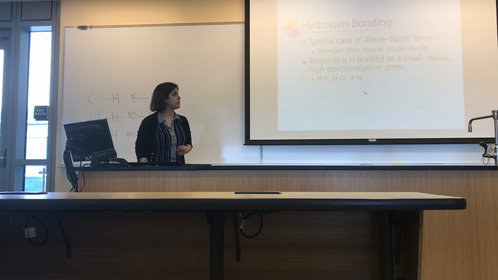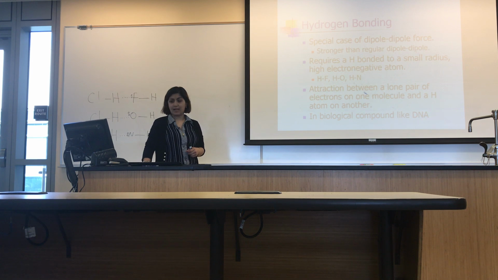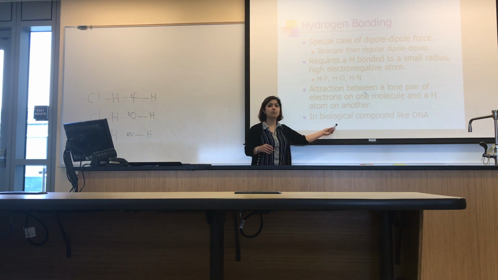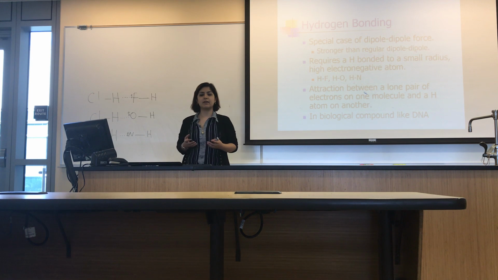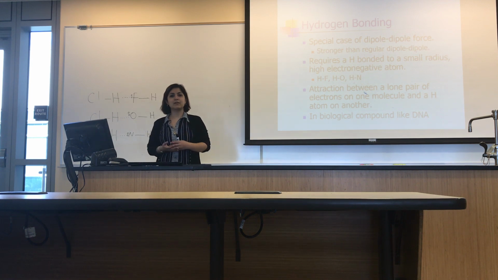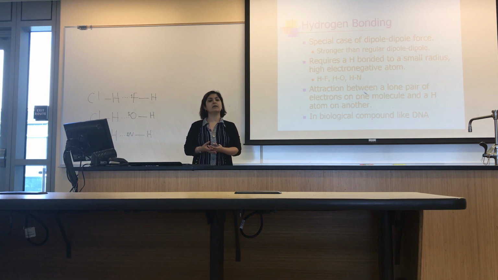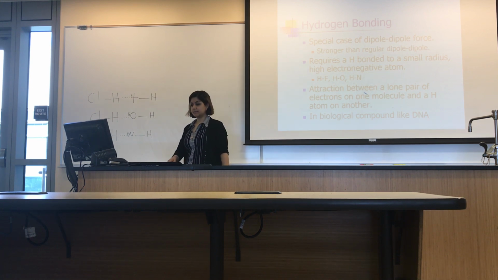Hydrogen bonding is stronger compared to dipole-dipole. Hydrogen bonding usually happens in biological molecular compounds, for example DNA, which is really important. We get some of our genes from our parents' DNA. So that's a really important concept.